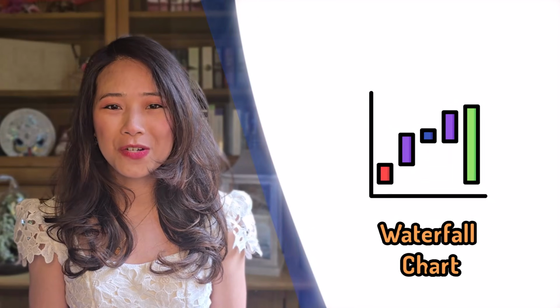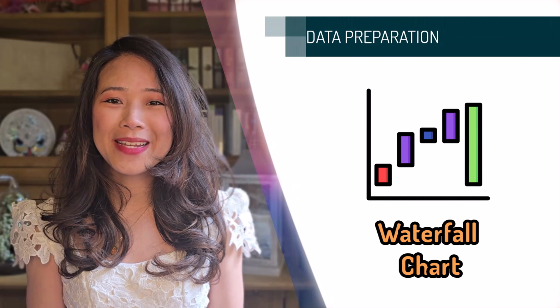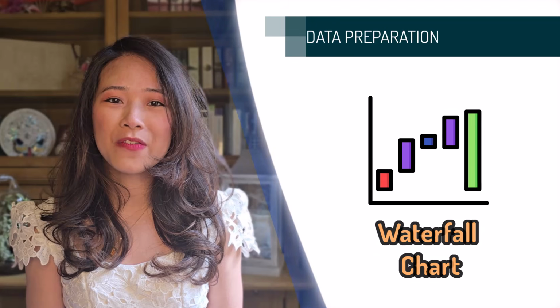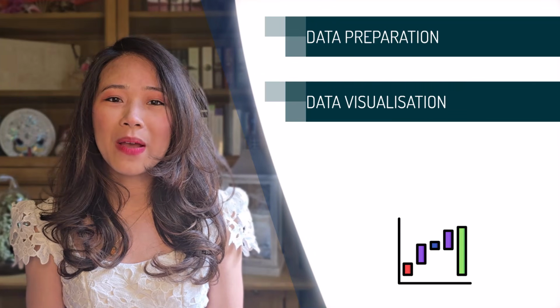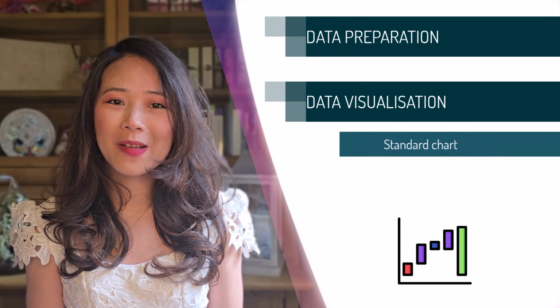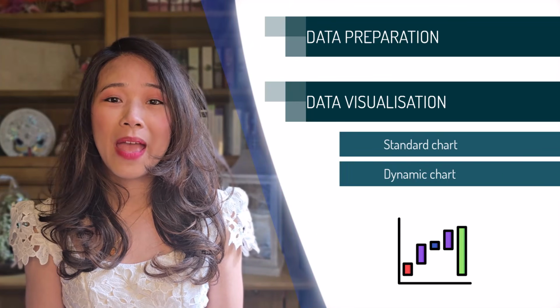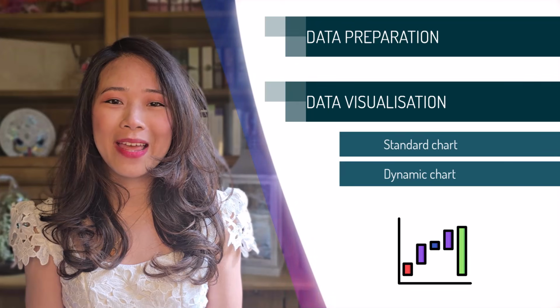Today, we'll level up our data visualization game with a more complex visual, the waterfall chart. We will start with data preparation tasks and explore why the waterfall chart is the perfect choice. Then, we will build a standard waterfall chart in Excel. And finally, we will solve a tricky scenario: how to make your waterfall chart scale dynamically.